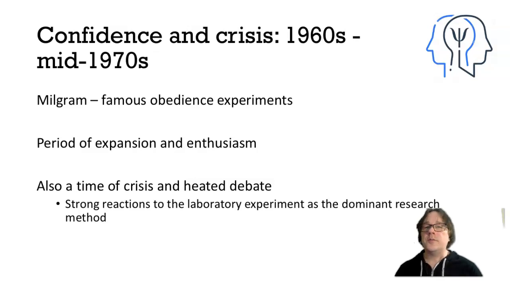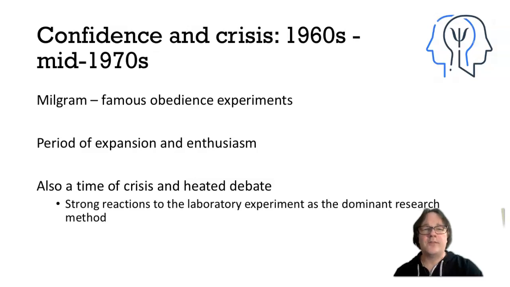Okay, so once we had this heyday, this call of action, this great expansion of social psychology, we kind of get into an era of uneasiness in the field that's often, well, your book calls it confidence in crisis. So this ranges from the 1960s to the mid 1970s.